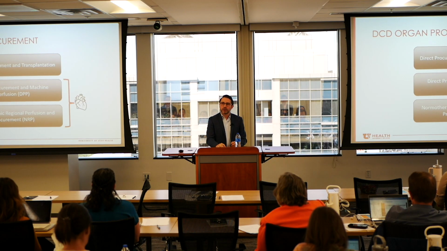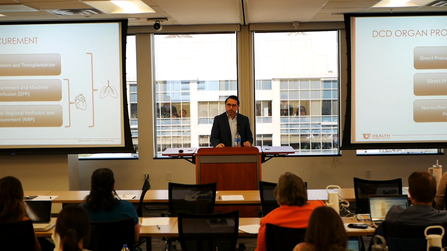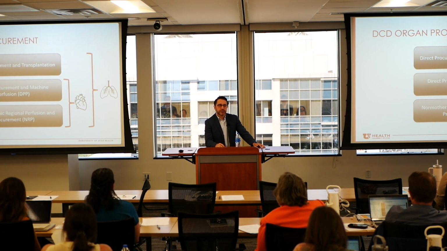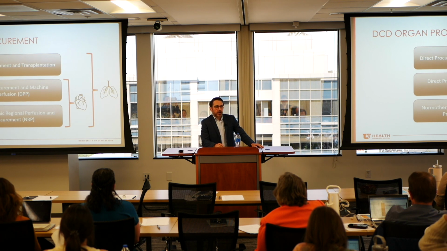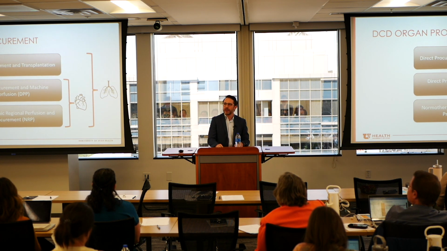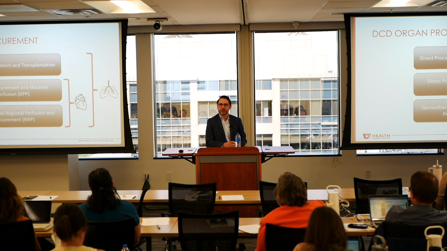The way we do heart and lung procurements, you can do traditional DCD procurements for lung, where after a patient dies, the lungs are procured and put on ice and then transplanted. The heart requires perfusion to work, and so there's different ways to do that for DCD heart procurement, but there's DPP, which is direct procurement and machine perfusion. That's the TransMedics device this day and age.